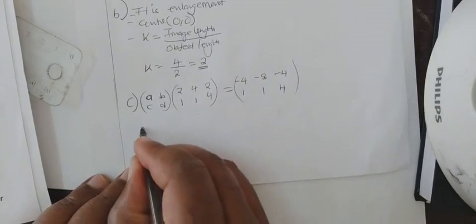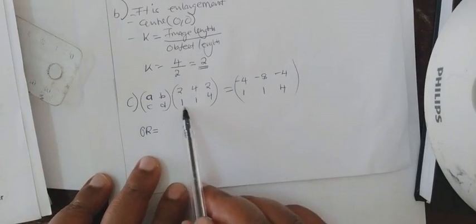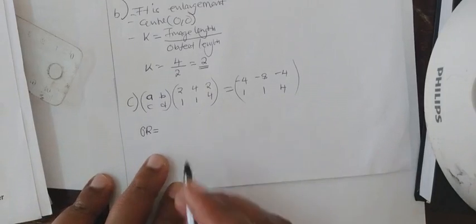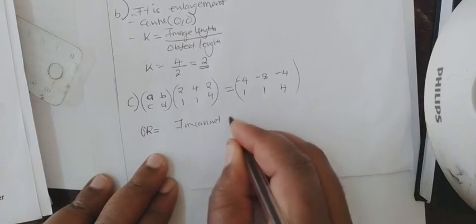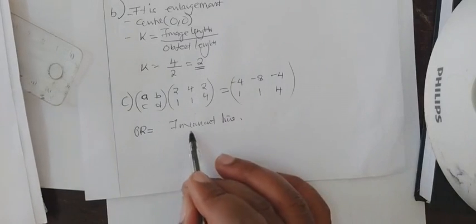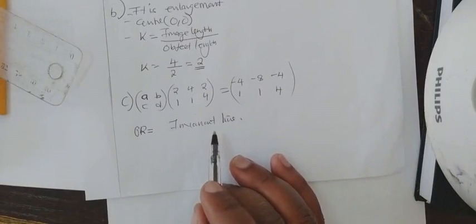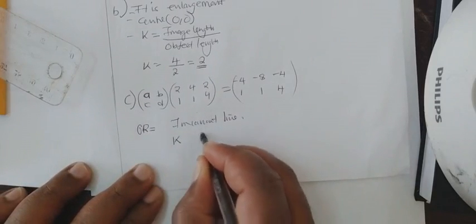Or you can say, from here, the values of y are not changing, meaning that y is the invariant line. Or you can use another method to confirm this is the invariant line. If I know this is the invariant line, you can use a matrix. A matrix where y is the invariant line is (k, 0, 0, 1).